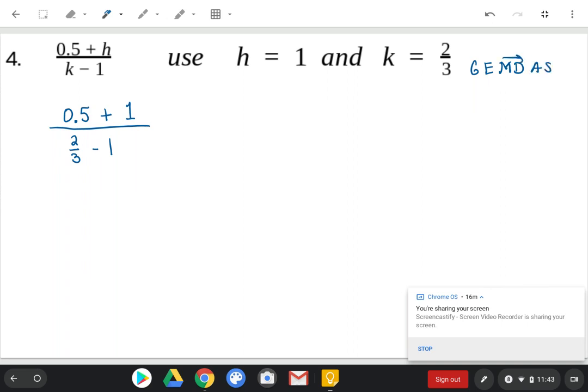So we are looking for grouping symbols. Most of my kids would look at this problem and say, Miss Brown, there are no grouping symbols. But that is incorrect. If you look at the note sheet I gave you about order of operations, it states that this division line in a fraction can act as a grouping symbol.